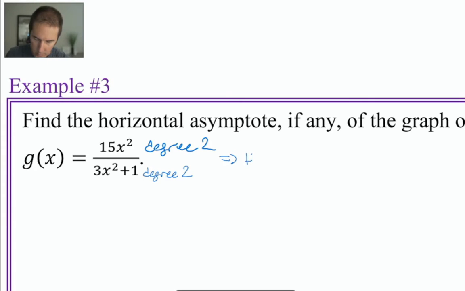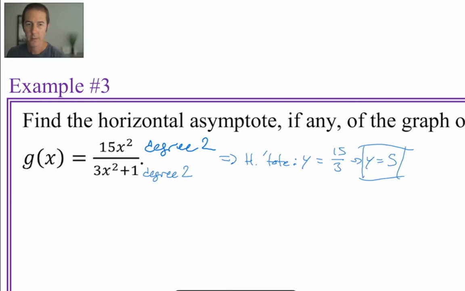Therefore, horizontal asymptote has equation y equals 15 over 3, which reduces to y equals 5. That's the equation of your horizontal asymptote. Piece of cake.